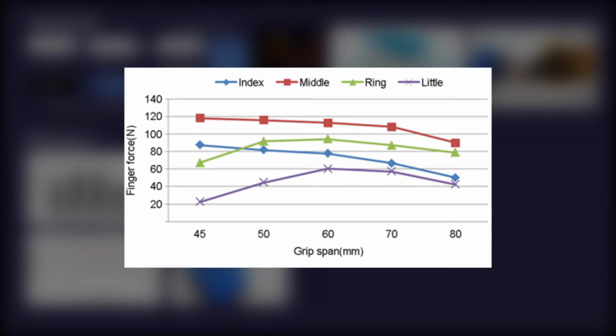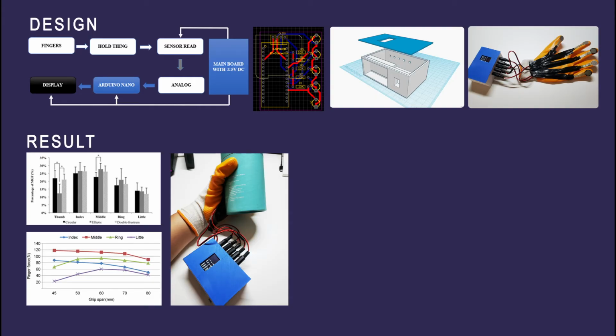It shows that the force in the index finger is stronger and will weaken when holding larger objects, and vice versa for the ring finger. If the user or patient uses this measuring device and discovers that the force in their hands is too weak or insufficient in comparison to a normal person, the device will warn them and provide them with support methods.